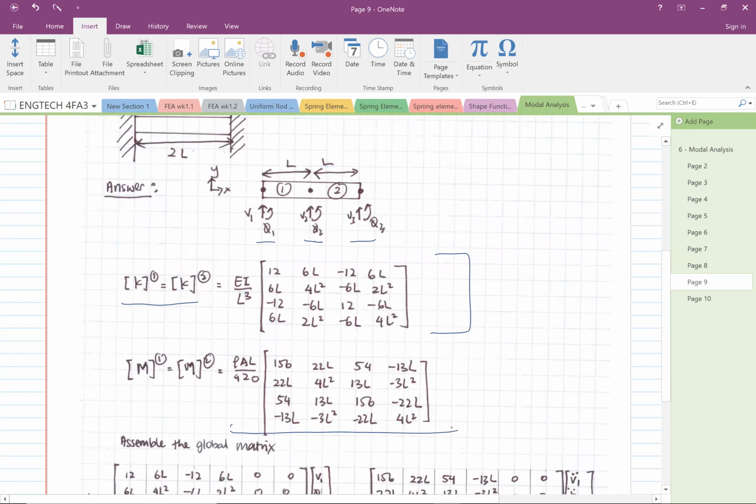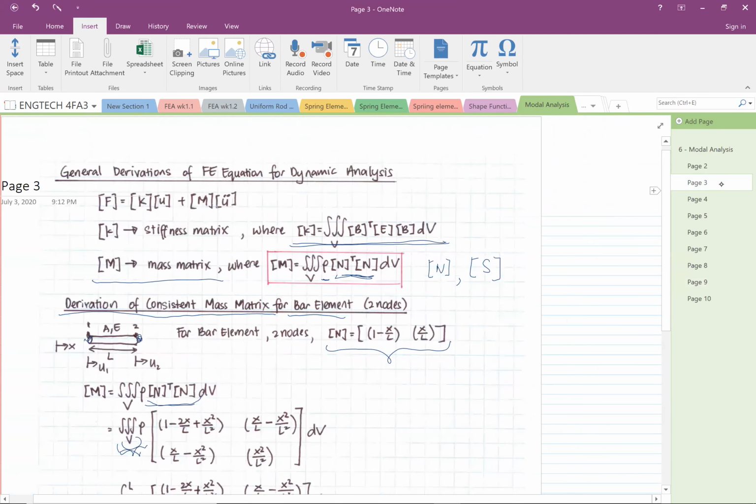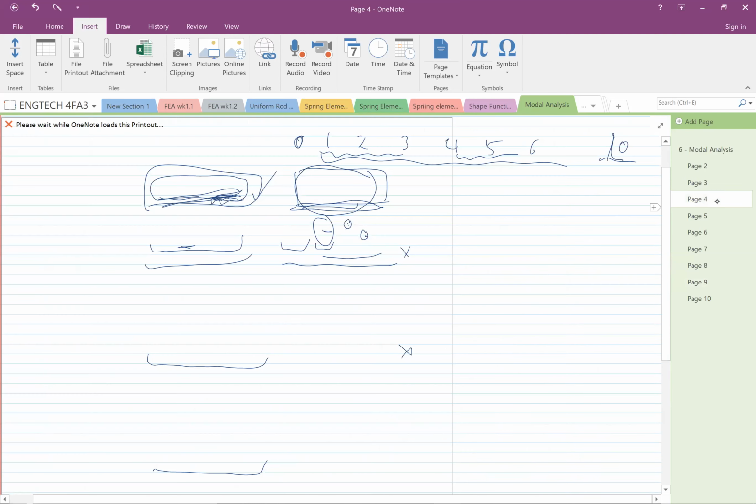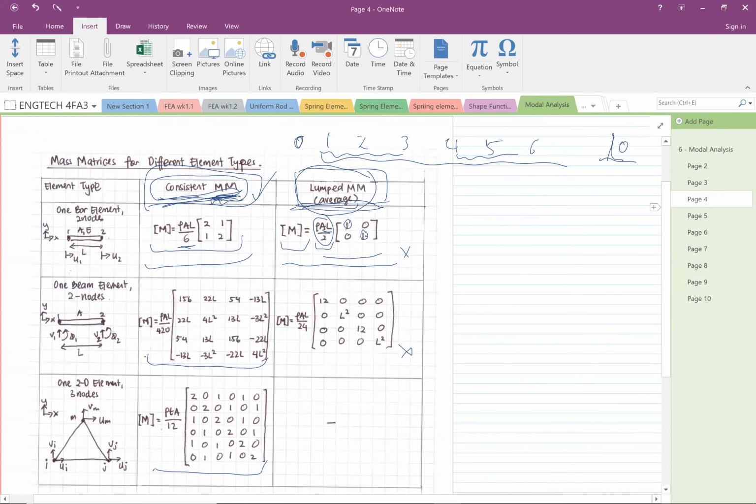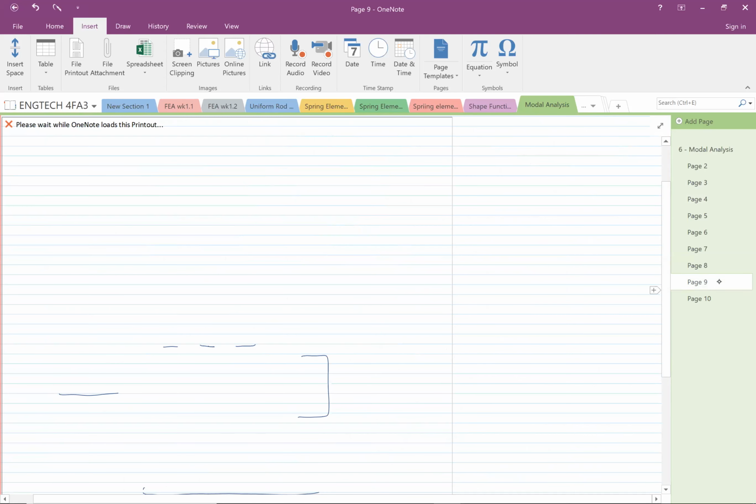This is a new thing that we learned today. Again, the formulas from page 3, I guess. Oh, page 4. That's right. I'm using this term, and I just copy it over to page 9.